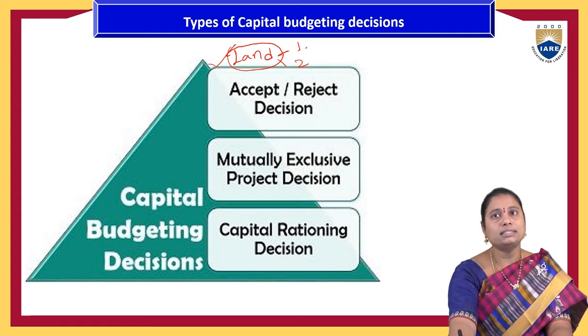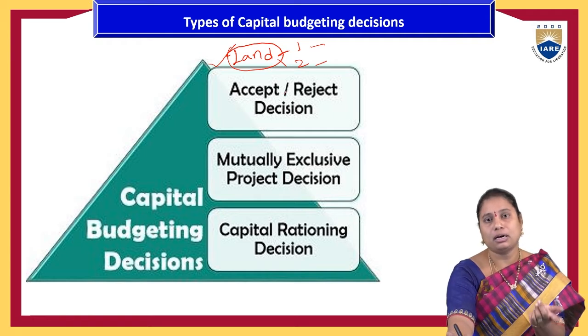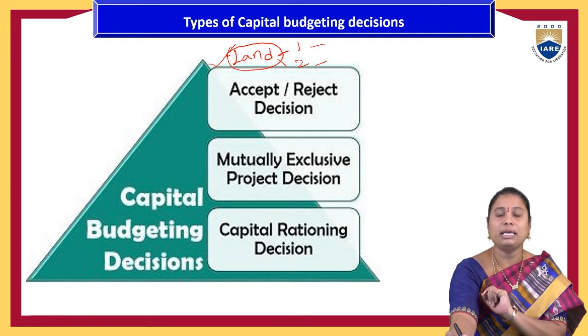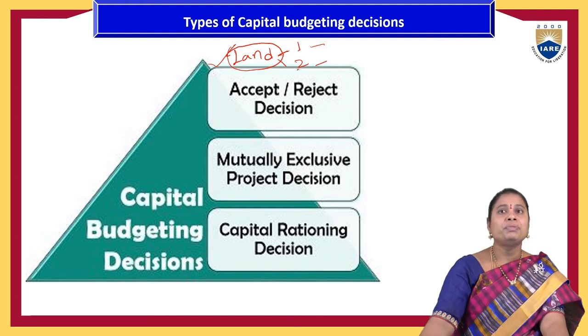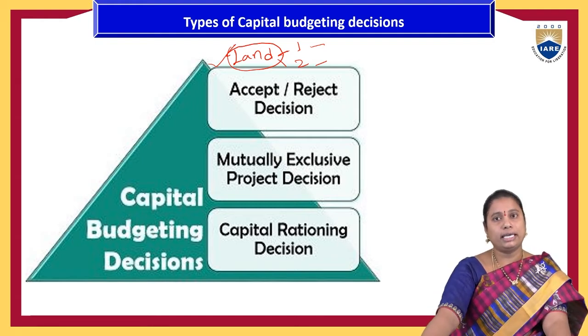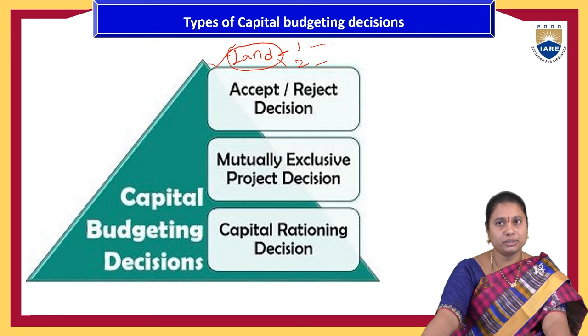So they have to accept one and reject the other. On which basis they accept and on which basis they reject should be proper evidence. These decisions are taken with the help of capital budgeting.